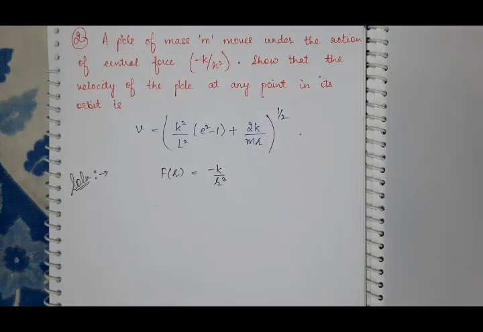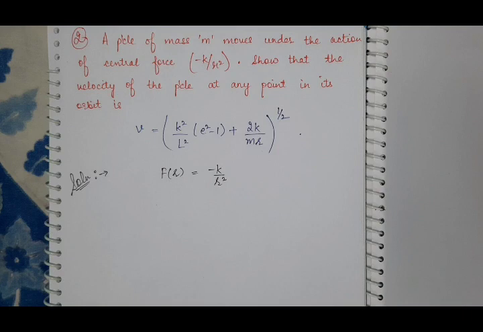And we know that the expression of velocity comes in the expression of total energy. So what is the expression of total energy? It is half mv square, that is kinetic energy, plus potential energy, that is u.